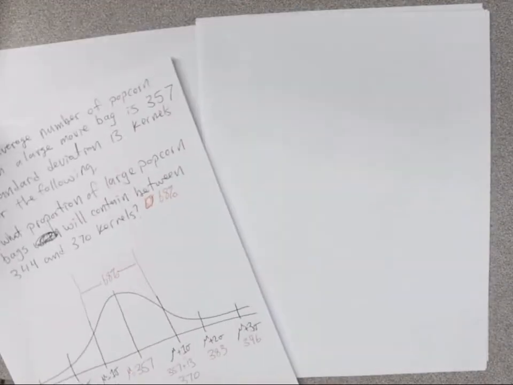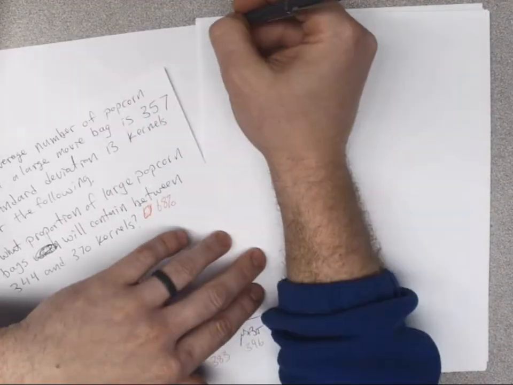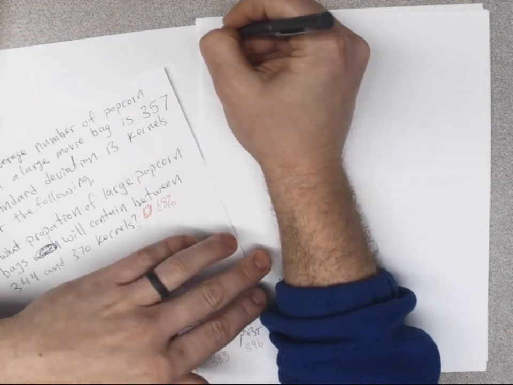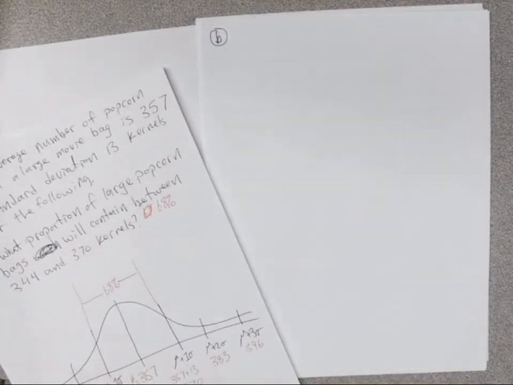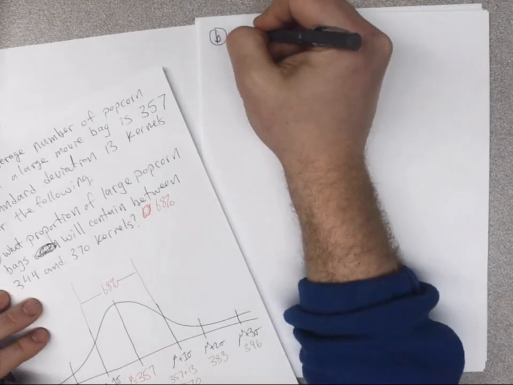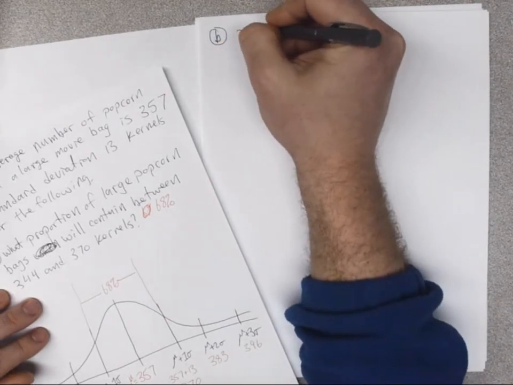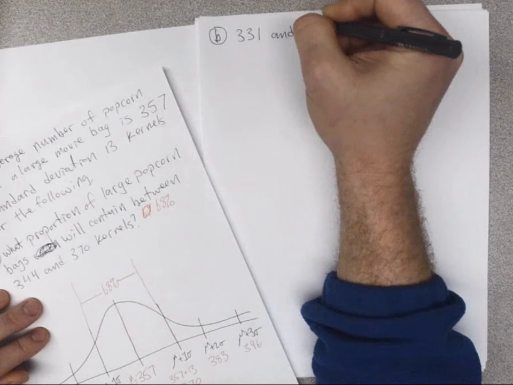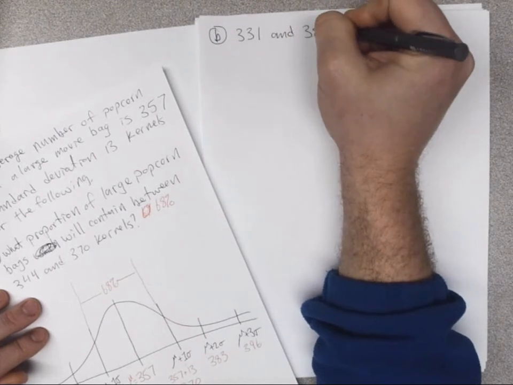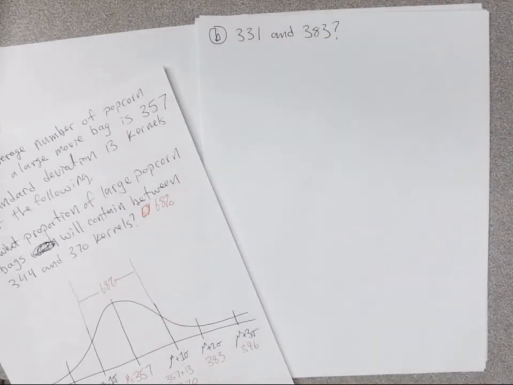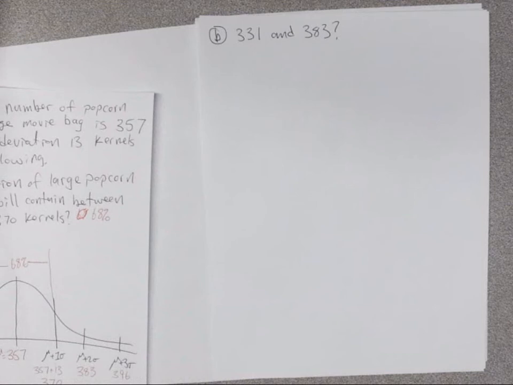All right, let's go to part B. I'm not going to do as much writing this time. I'm just going to tell you, find the proportion that's between these kernels. Let's say 331 and 383. Please pause the video and work this one yourself. That will be the most helpful thing for you to actually learn how to do this yourself. So please do that and then come back and see what I'm doing here.